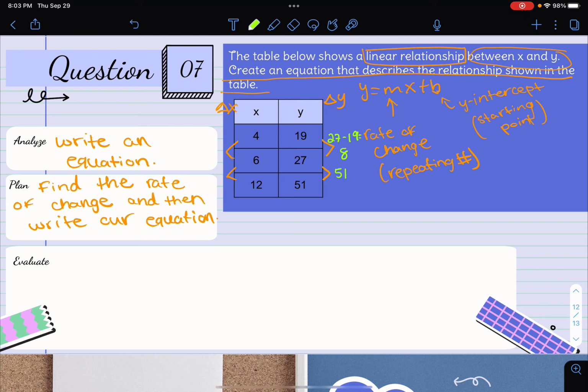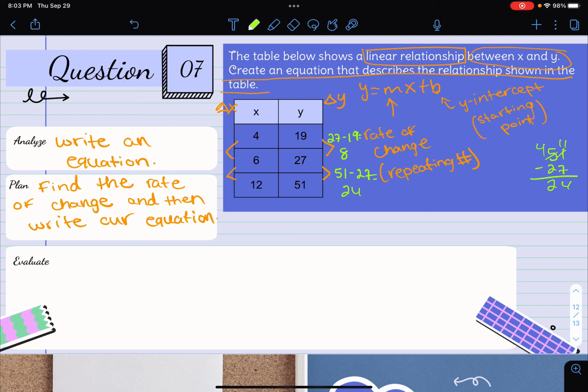So that means you have to do 51 minus 27. Okay? 51 minus 27. Subtract that. Okay? Don't forget that you have to borrow. So go ahead and subtract. You should have got 24.